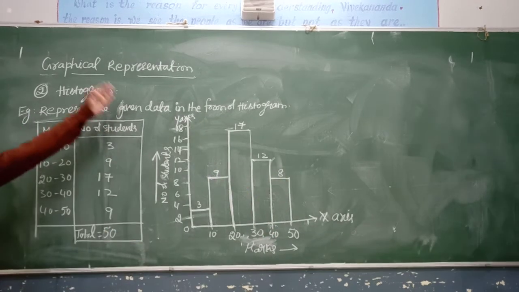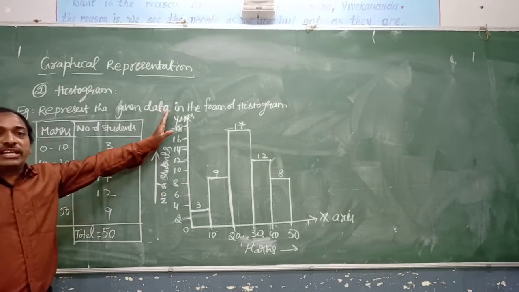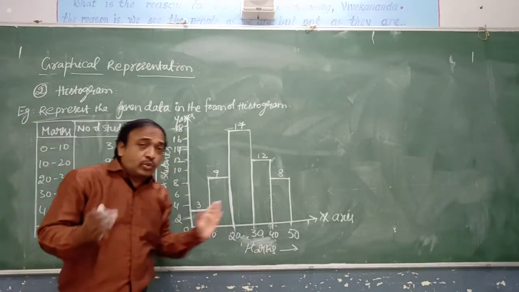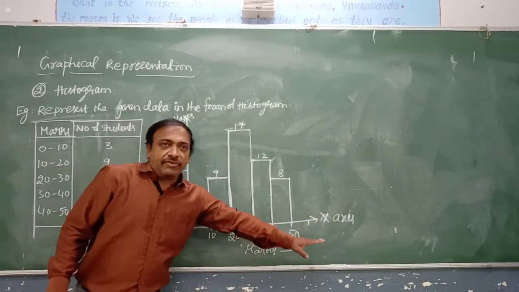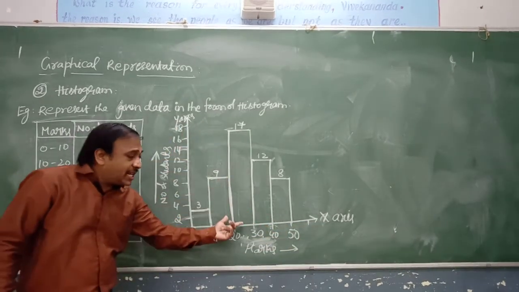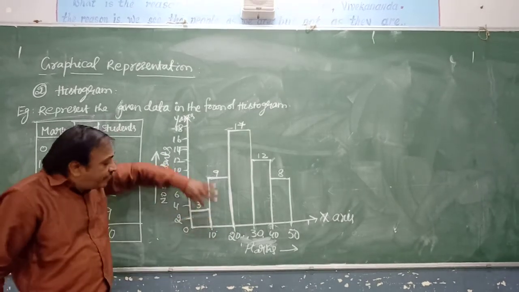So marks we are locating on the x-axis and the number of students on the y-axis, for those who secured between 0 to 10 and so on, because these are continuous class intervals. These are rectangular bars, with no gap between the bars and uniform width.